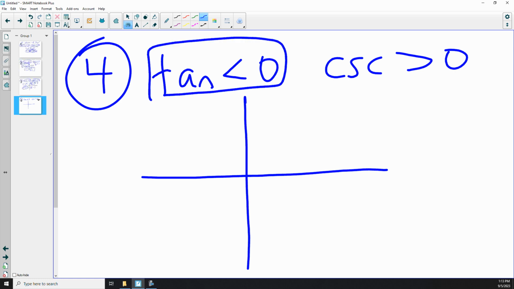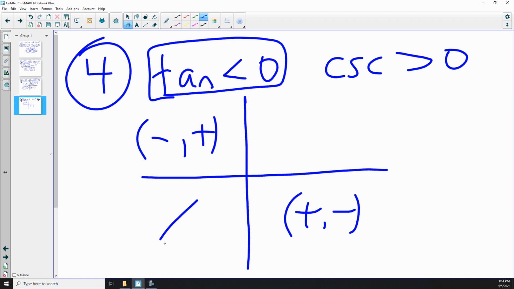tangent is less than 0 means what? I just say agree, disagree. The tangent's less than 0. Don't the signs have to disagree? They can't be 1 or 3, so we put an X through them. Now, what's this one? Cosecant is 1 over the, do you remember your trig functions from last week?